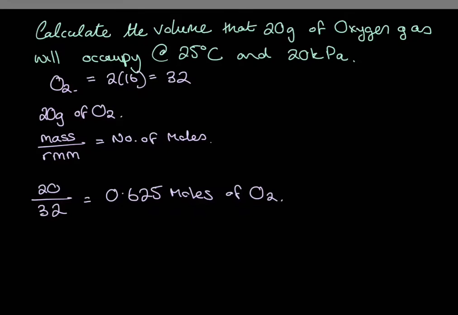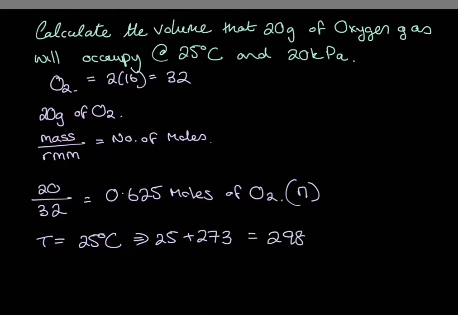So now let's look at what else we have. So that would be our n. That's the number of moles that we have. We also have the temperature, which is 25 degrees Celsius, which we can convert to Kelvin, which is 298 Kelvin.